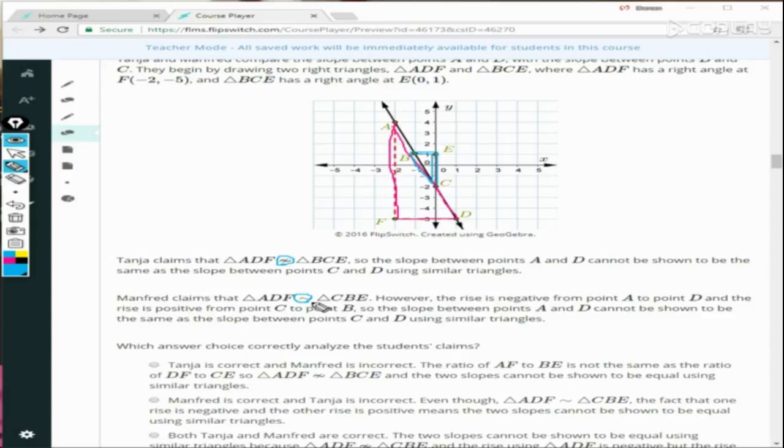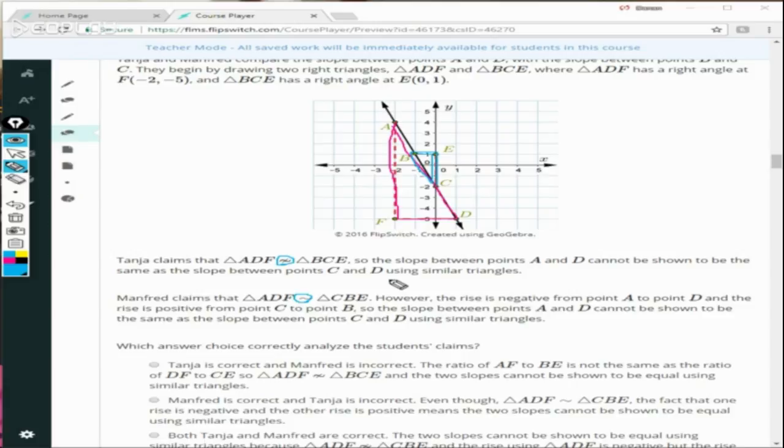However, the rise is negative from point A to point D, and the rise is positive from point C to point B, so the slope between points A and D cannot be shown to be the same as the slope between points C and D using similar triangles. Which answer choice correctly analyzed the students' claims?